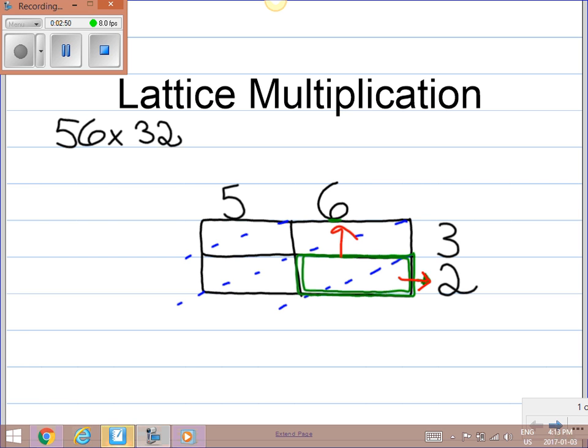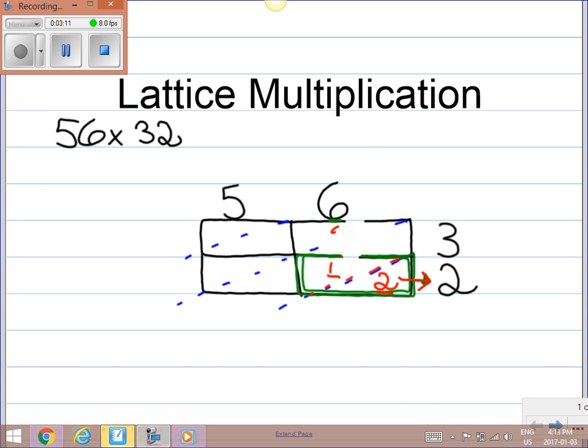The reason that this box is divided is because this breaks it down from the tens column to the ones column. So instead of writing 12, we're going to write 2 and 1. That means we have 1 ten and 2 ones.